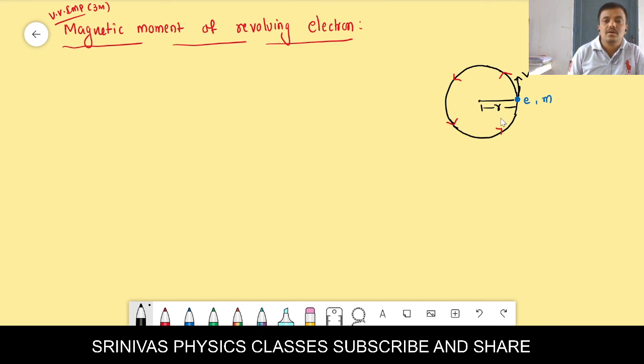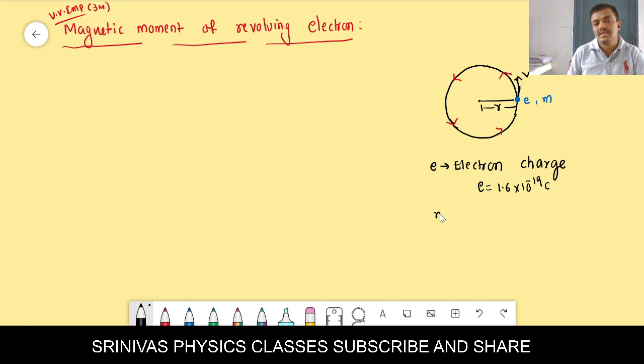Now, what is e? e is the electron charge. Do you know its value? e value is 1.6 into 10 to the power of minus 19 coulomb. What is m here? Mass of electron.